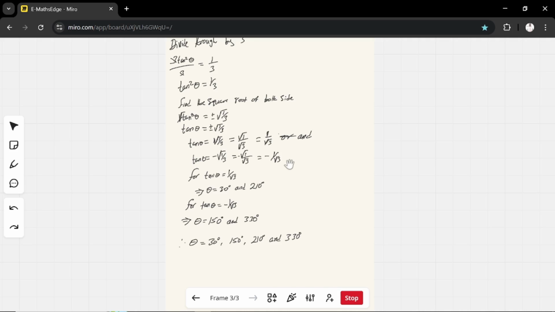So these are the sets of values for θ which we were asked to obtain. If you want to check, you can use the previous method we used in the other video to check if your values are correct.